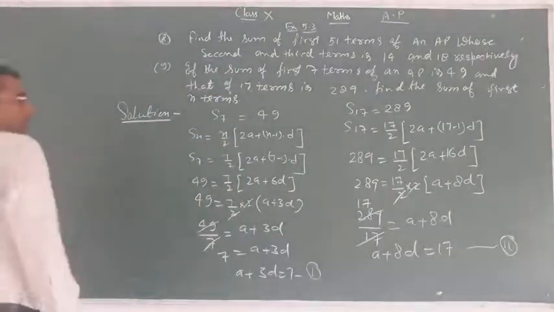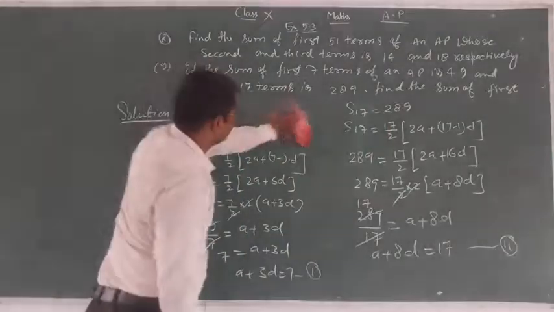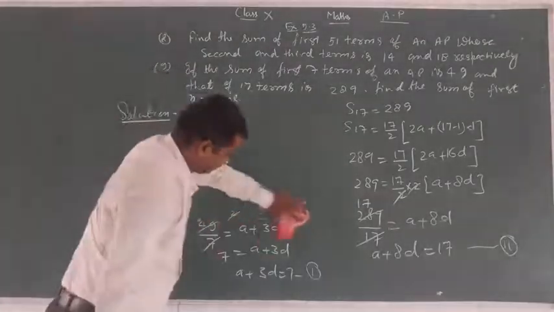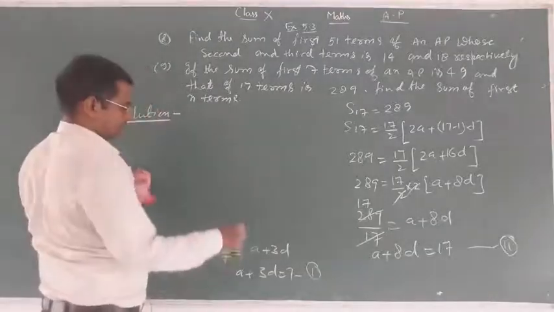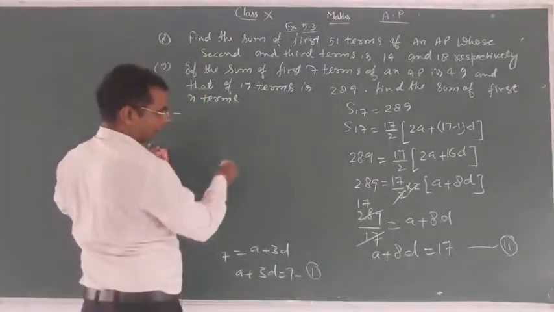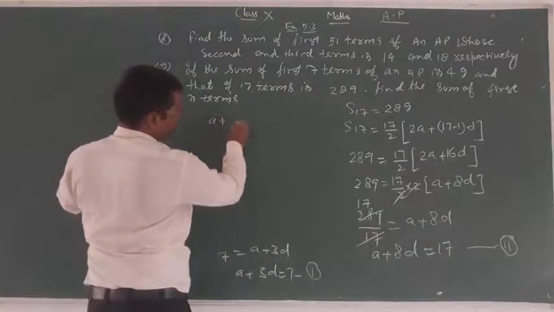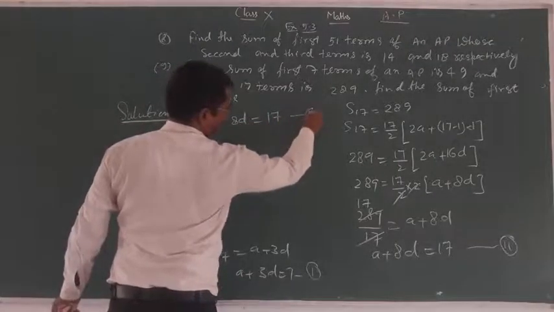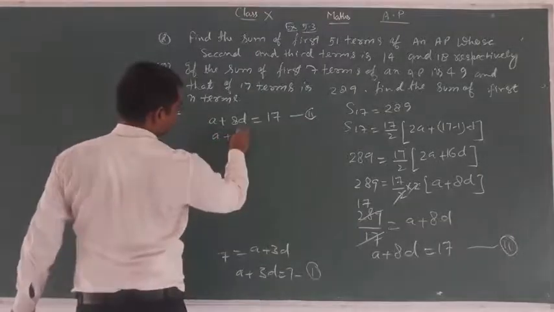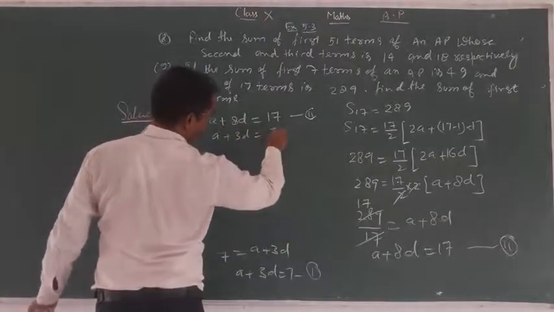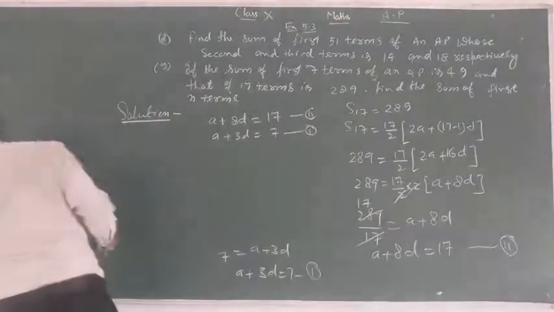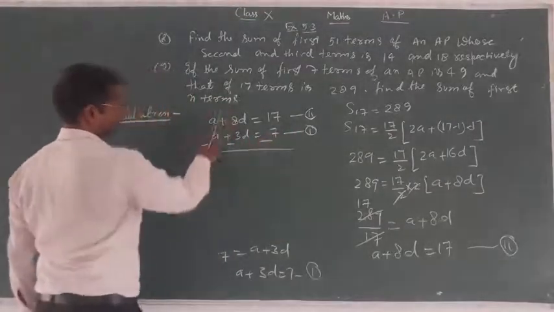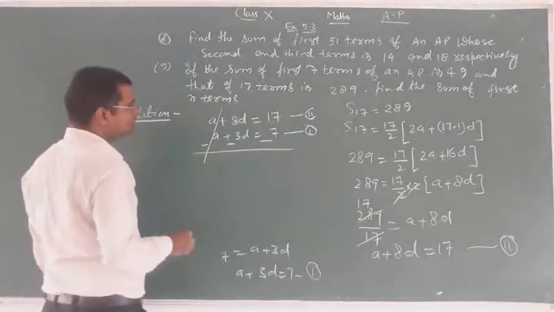Now equations first and second you can solve and find out a and d. Now a plus 8d is equal to 17, equation second, and a plus 3d is equal to 7, equation first. Now subtract each other. So a cancels out by the elimination method.